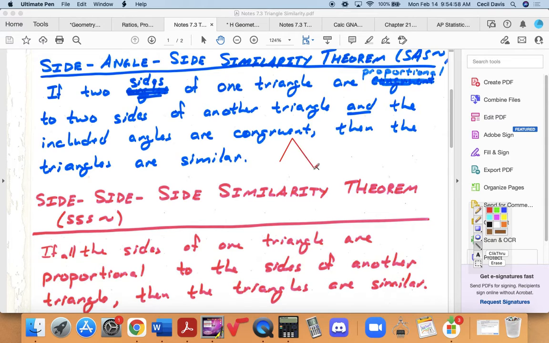let's say that we had a triangle that looked like this, and then another one that was smaller that looked like this. Let's say I know that this side is 3 and this side is 9 and this side is 5 and this side is 15, and I know these two angles are congruent.